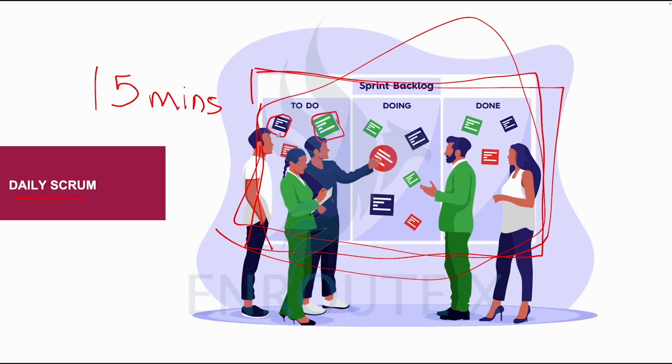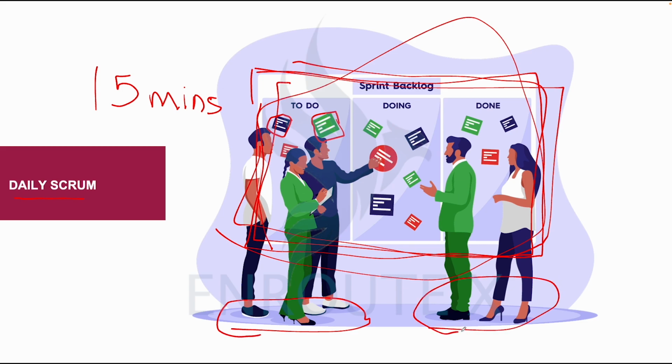So before COVID happened, every team member would converge by the board and they would literally stand up. That was where the name stand-up came from. And the essence of the stand-up is so that the meeting will be limited to just 15 minutes.